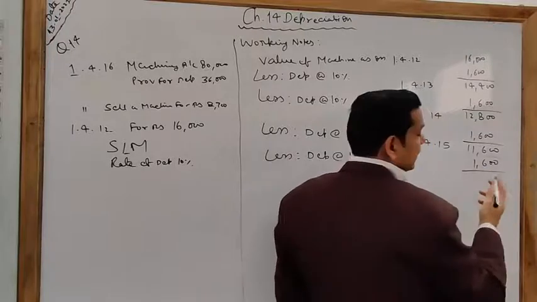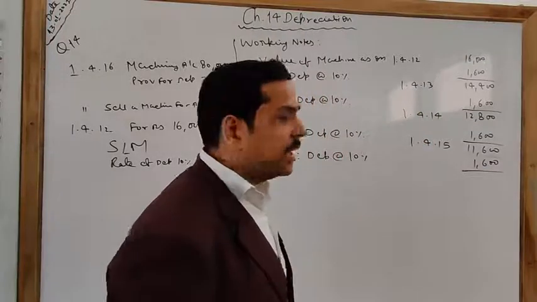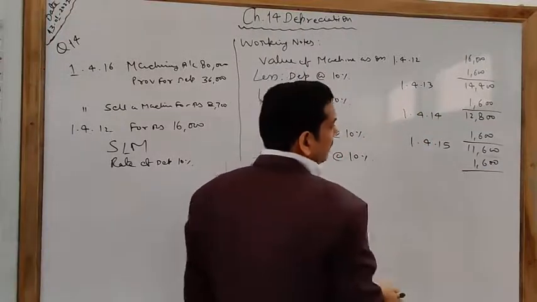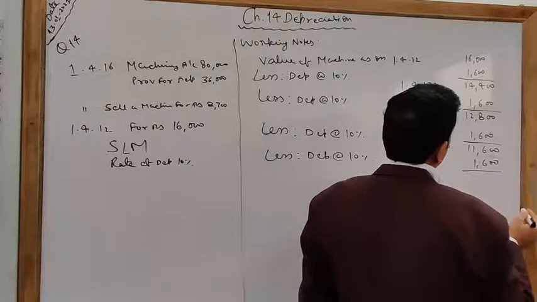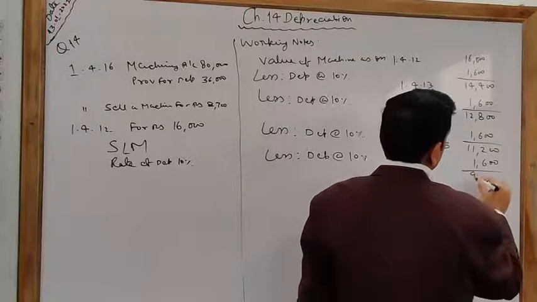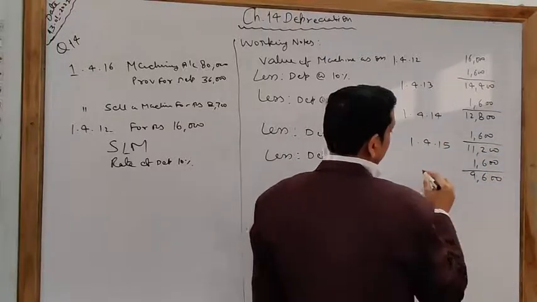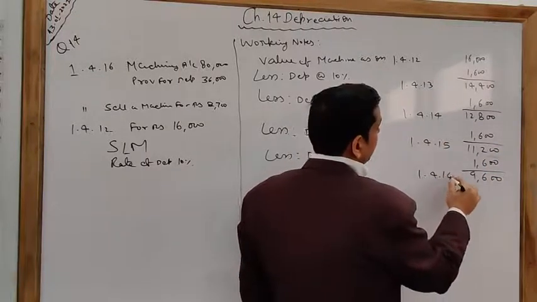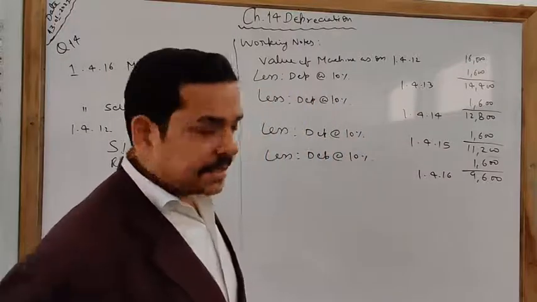As we are following the straight line method, the amount of depreciation will remain uniform every year. Clear? So value of machine as on 1-4-16 is 9,600.